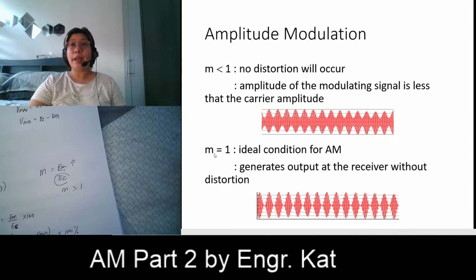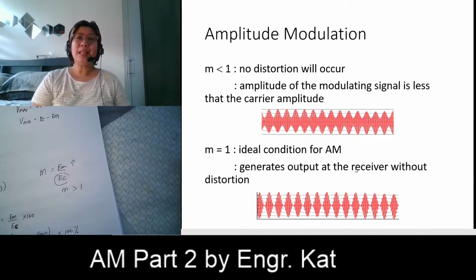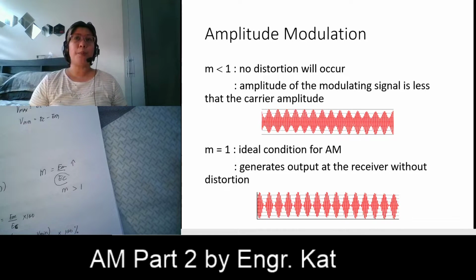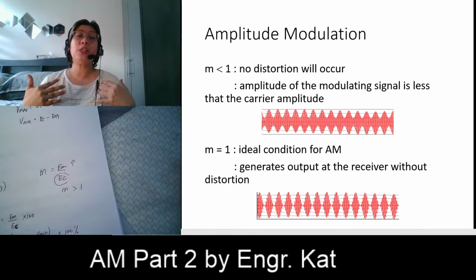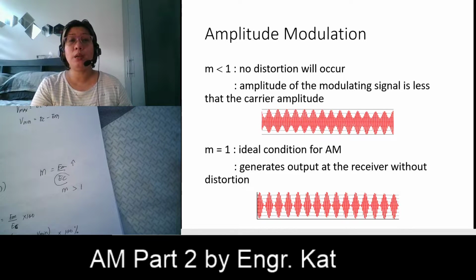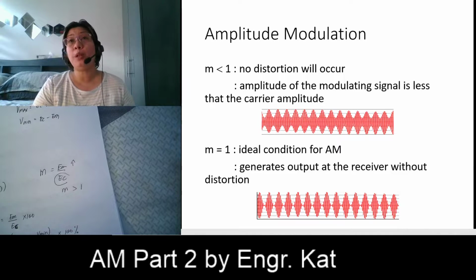And lastly, when your M is equal to 1, we say that this is the ideal condition for AM. So this generates an output at the receiver without distortion. And as you can see, this is said to be ideal because there is no such thing as a perfect system, because once your signal is sent through free space, noise is inevitable, and that alone is a guarantee that we will be having distortion.